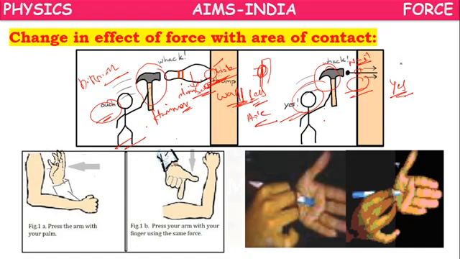But if you compare the nail and the wall, the area of contact is very, very less, so the force will be more, and we can create a hole. Though we are making the same effort, here force is less, here force is more. So force also depends on area of contact.